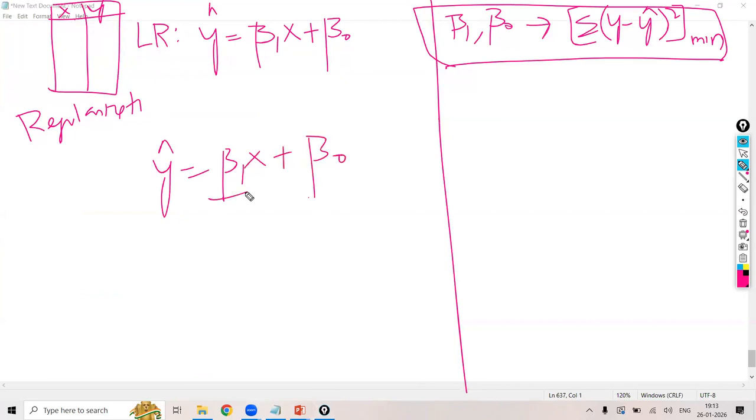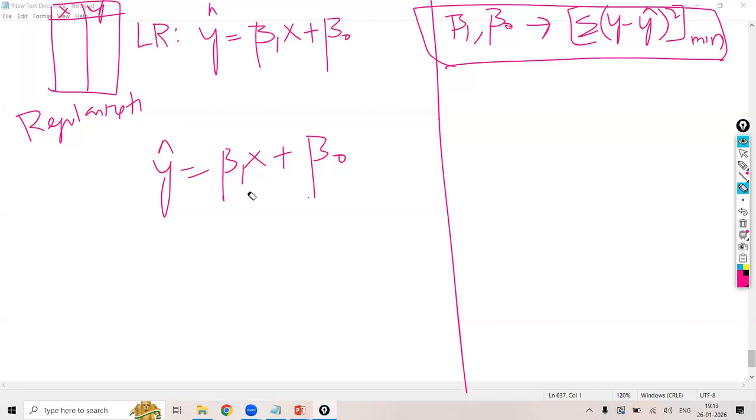For one column, how many slopes? Only one slope. You do not need to increase the slopes. Keep the number of slopes as it is. So problem 1 was solved. What is the problem? The model complexity problem, which you got in the non-linear regression, was solved. So here you are going to have only one slope, one intercept.